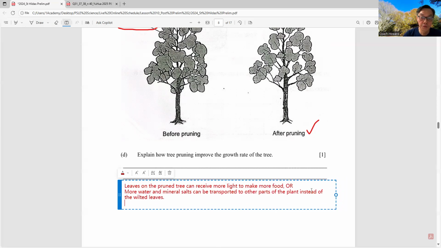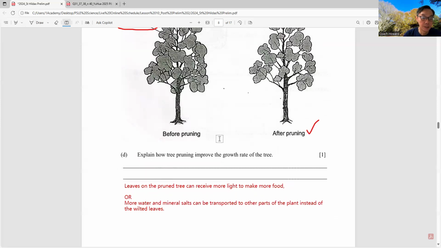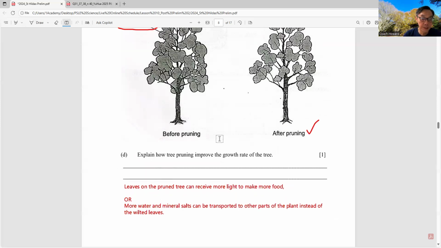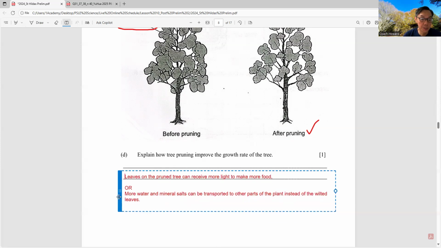So firstly, leaves on the pruned tree can receive more light to make more food, or you can say more water and minerals can be transported to other parts of the plant instead of the withered leaves. So there are two possible answers for this question.